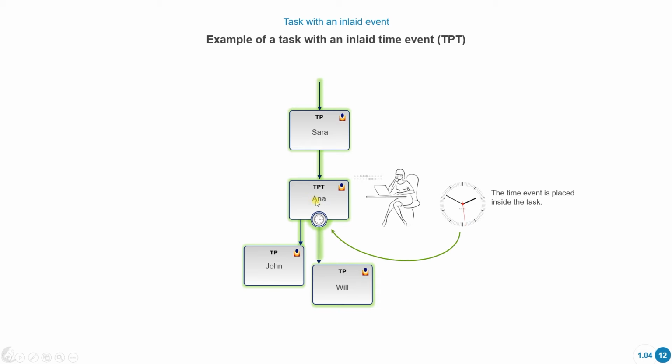Or let's say Anna finished it on time, before this moment arrived, and if so, the flow is still going to go out through this outlet. So if we had only drawn one unique outlet, then the flow is always going to go through that outlet, regardless of whether it went out because of the time or because Anna actually performed her task.